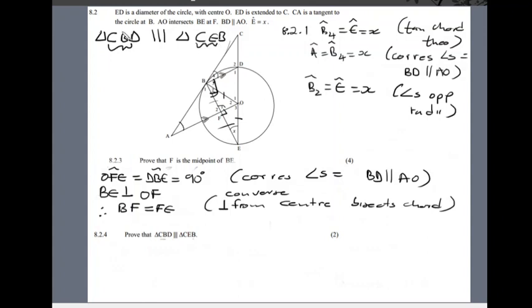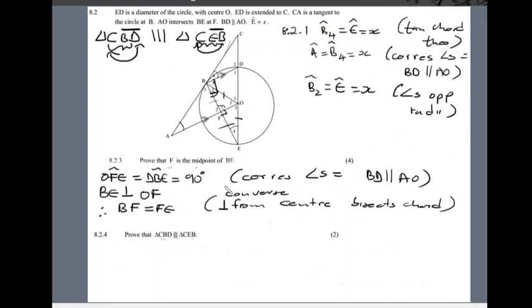Then BD and EB, right? Then CD and CB, like this. I hope it makes sense.